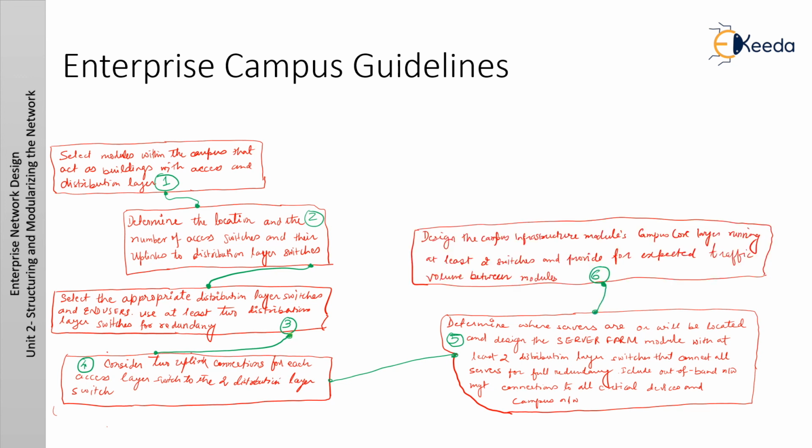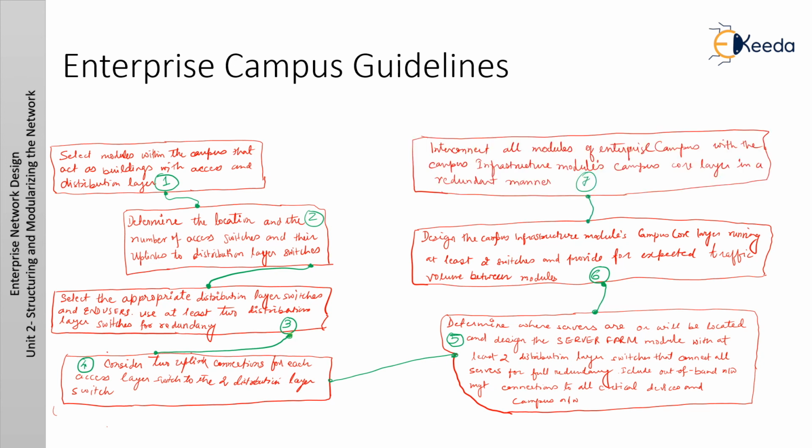Design the campus infrastructure module campus core layer using at least two switches and provide for expected traffic volume between modules. And finally, interconnect all modules of the enterprise campus with the campus infrastructure module's campus core layer in a redundant manner. So these are the steps. Following these steps, we can design the enterprise campus.